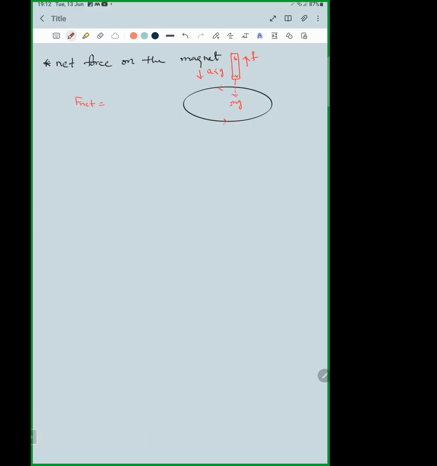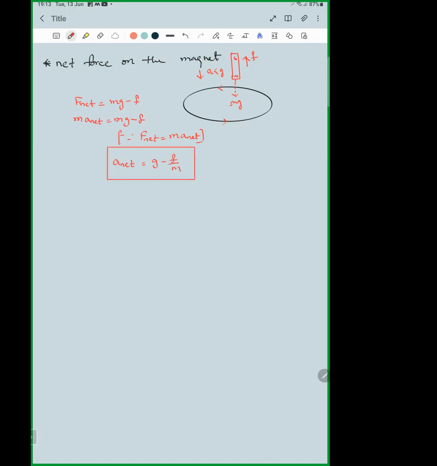F net can be written as mg minus F. Here F net is nothing but m a net. So m a net is equal to mg minus F. Since F net is equal to m a net. Okay, so after getting the net acceleration, a net is equal to g minus F by m.